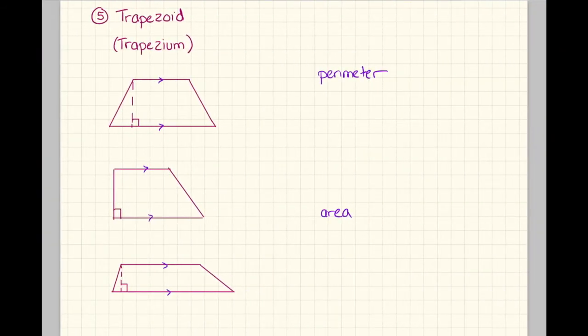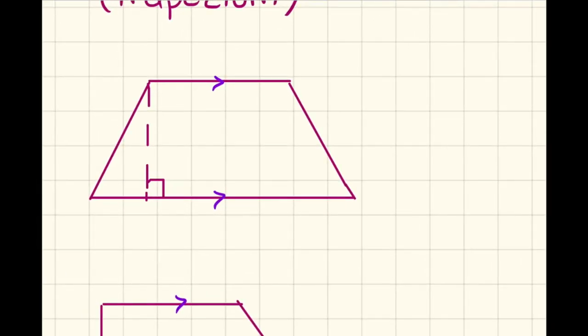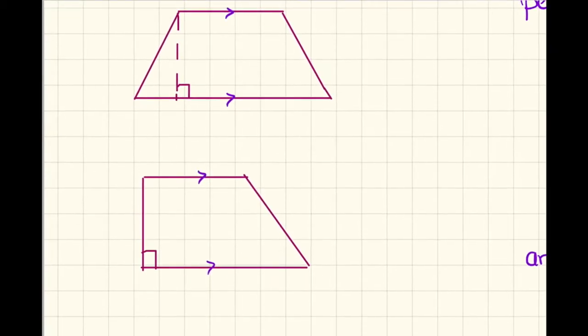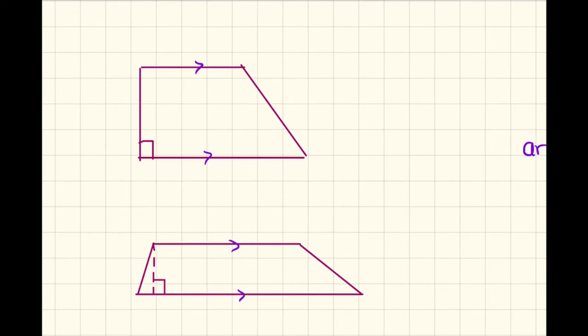Next, we're going to talk about a trapezoid, or a trapezium. I have drawn 3 different trapezoids for you because I wanted to show you that there's one thing that makes a trapezoid. Well, one of the things is that there's 4 sides, but also both the top and the bottom need to be parallel.